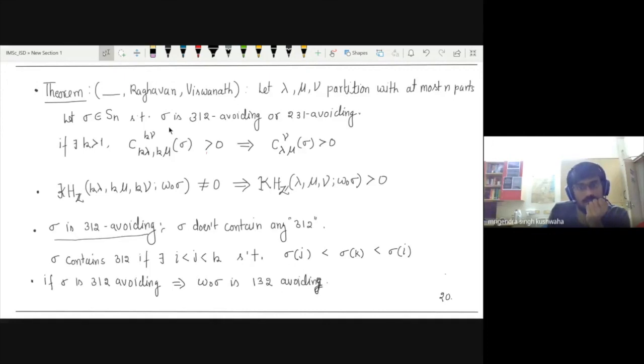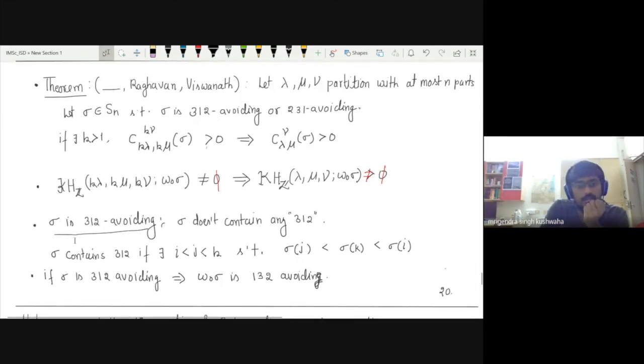That means if this hive set is non-empty, then this set will also be non-empty, because the cardinality of this set is exactly equal to the refined Littlewood-Richardson coefficient. And what does 312 avoiding permutation mean?